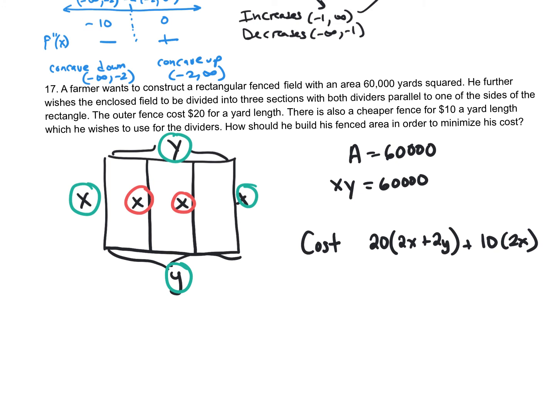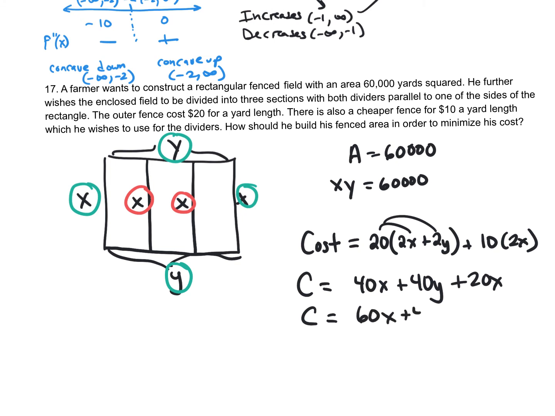That's my cost equation, and that's what I'm trying to minimize. If I simplify this, I get 40x plus 40y plus 20x. So the cost is 60x plus 40y. So those are my 2 equations.